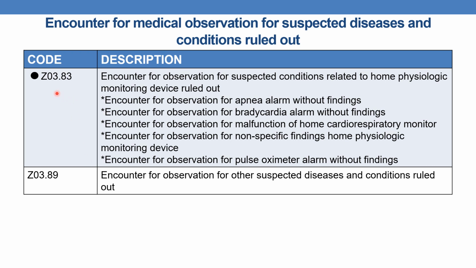In all these cases, you need to code this new code Z03.83. And finally, Z03.89, it deals with encounter for observation for other suspected diseases and conditions ruled out.